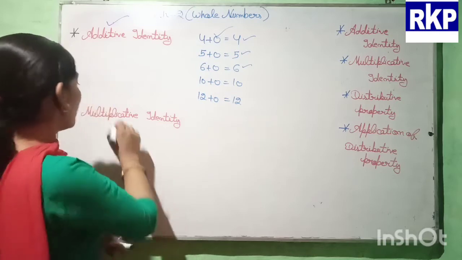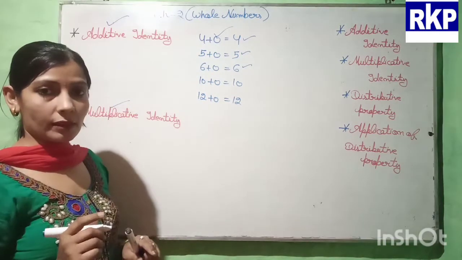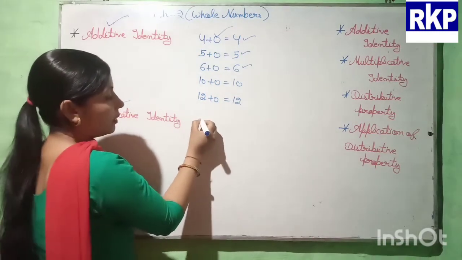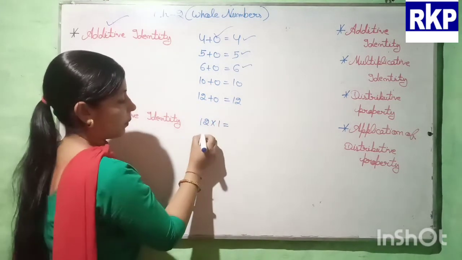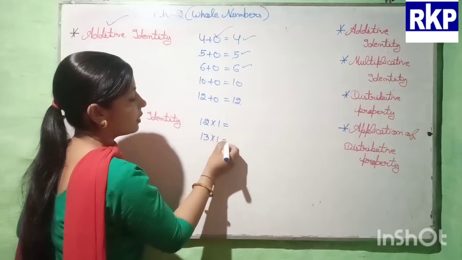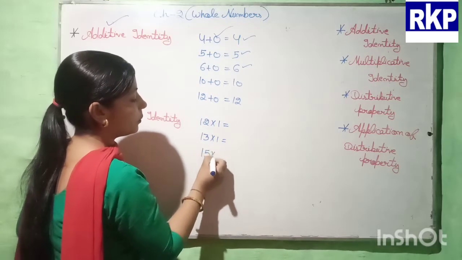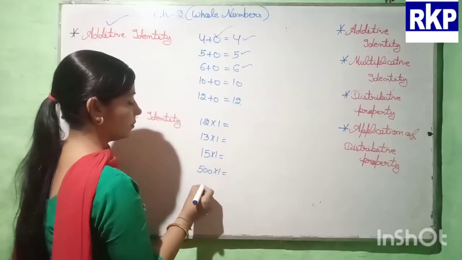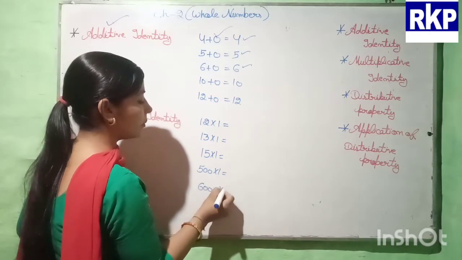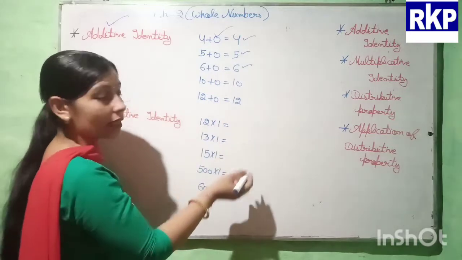Now let us see multiplicative identity. If I write 12 multiply 1, 13 multiply 1, 15 multiply 1, 500 multiply 1, 6000 multiply 1, then what will we get, beta?